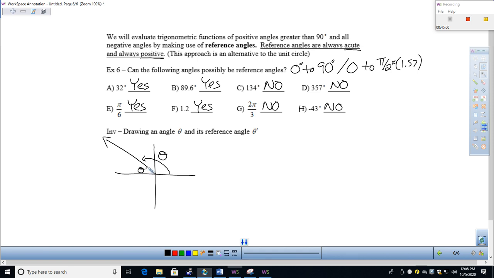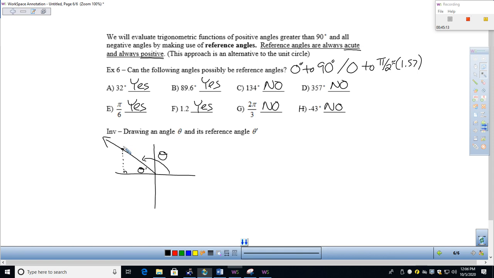And so what I want you to do on your paper, if you can please, is pick a point on the terminal side, and we talk about this all the time. Always go to the horizontal axis. Okay? Perfect. And the reference angle always, always, always will be in between the horizontal axis and the terminal side.